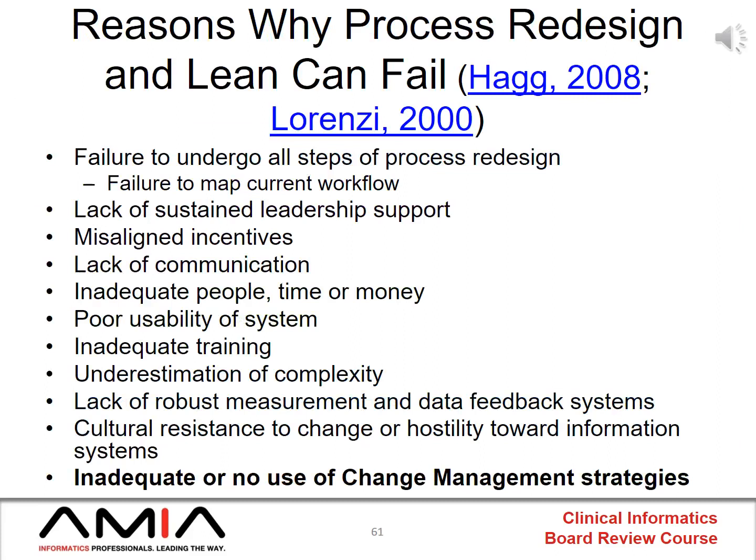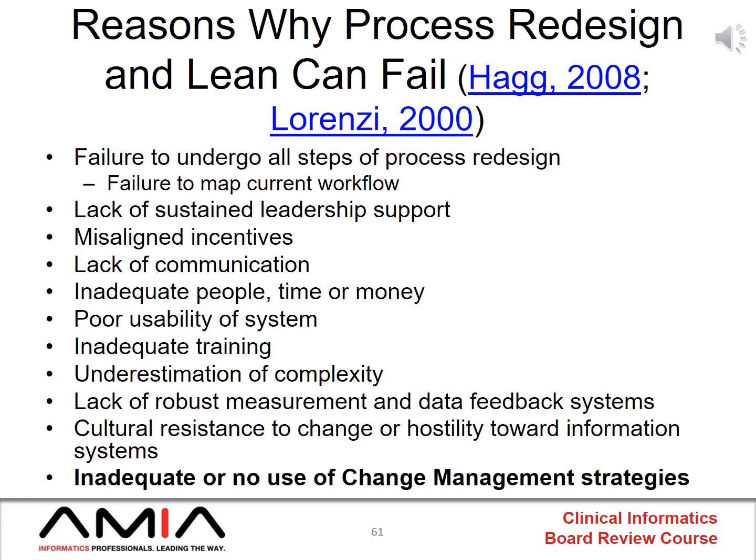The first is a failure to undergo all of the steps of process redesign. There are a lot of steps to process redesign, and done properly, this can be very time consuming. Failure to collect your baseline data or to do your current workflow analysis is a common reason for this failure.